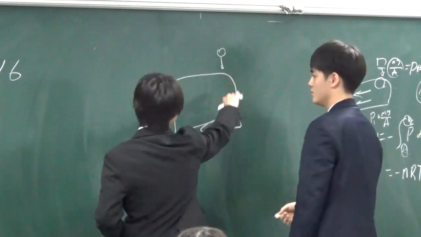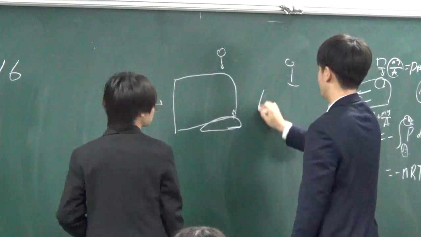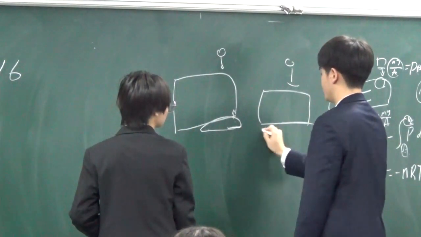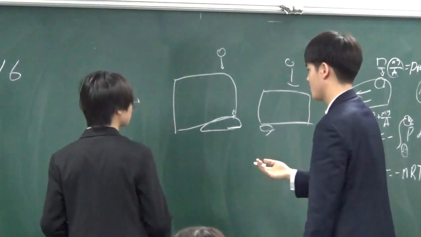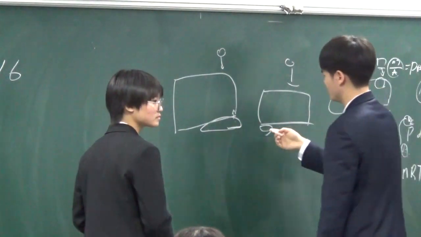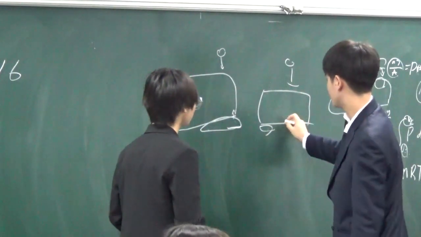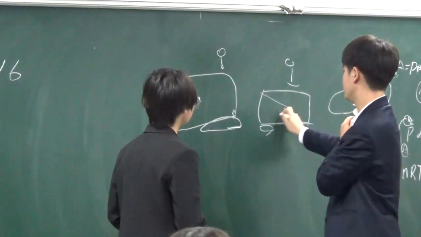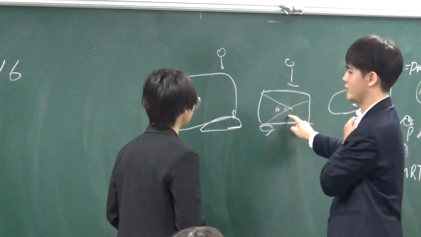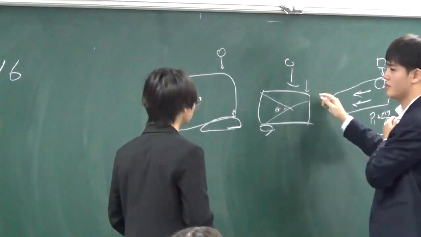You can also make this part lifted. And when you consider the torque, there will be a pivot point where it rotates. Regarding that, there will be a certain angle that it goes, and you have a certain amount of force.